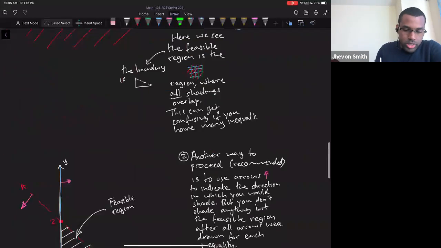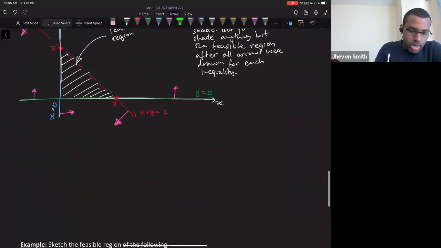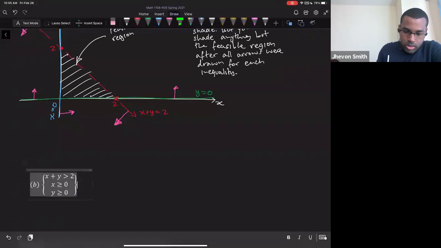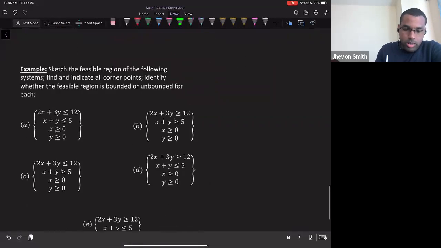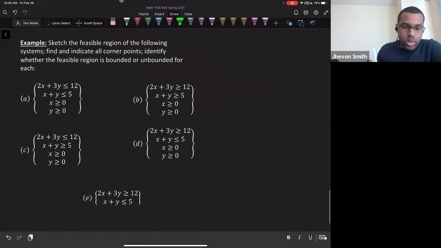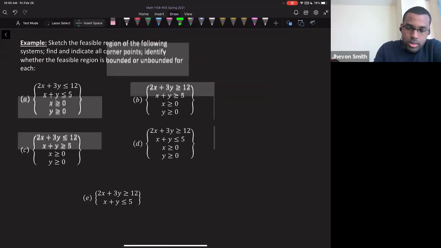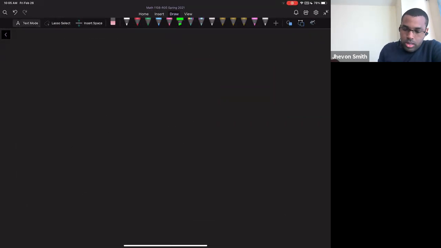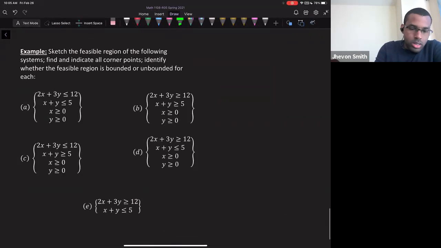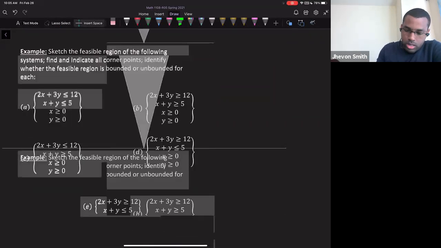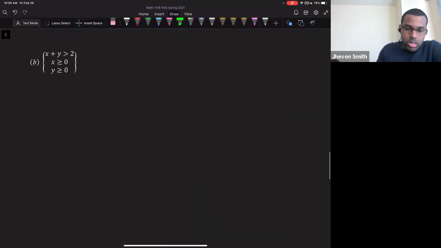And it's actually very similar to example A. I'm going to need more space. And this is the other example we're going to do. Okay, so here's B.